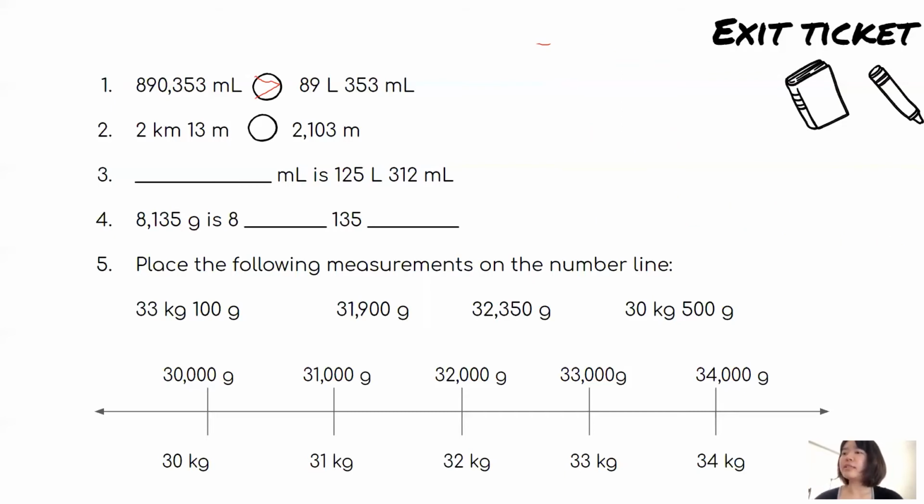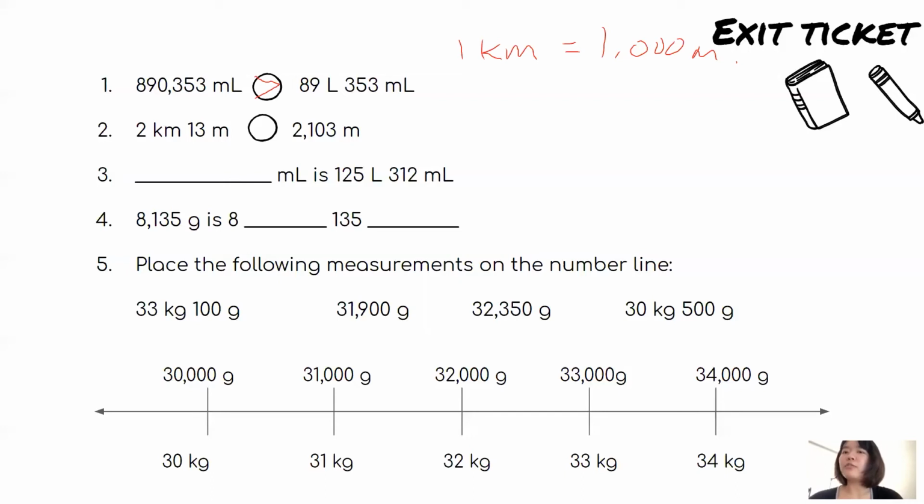Okay, and let's look at our second problem. 2 kilometers 13 meters compared to 2,103 meters. We already know 1 kilometer is equal to 1,000 meters.